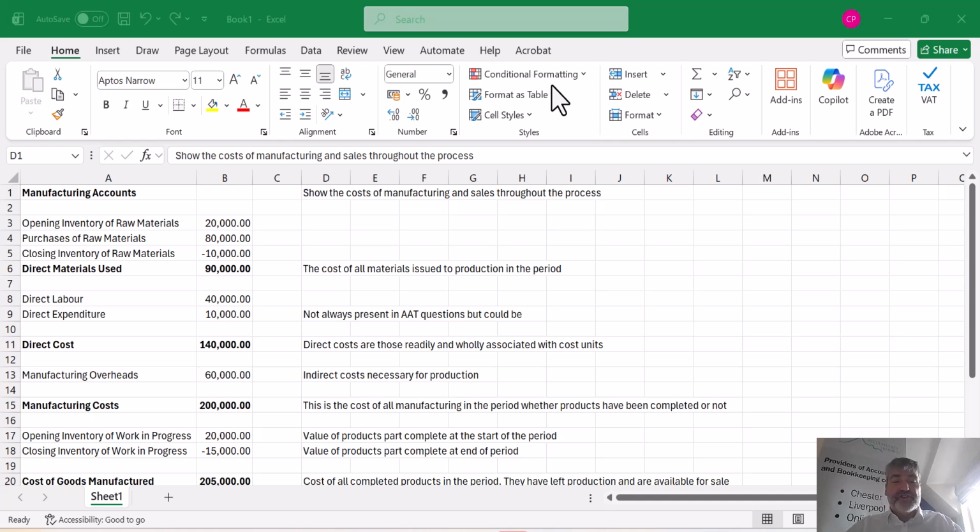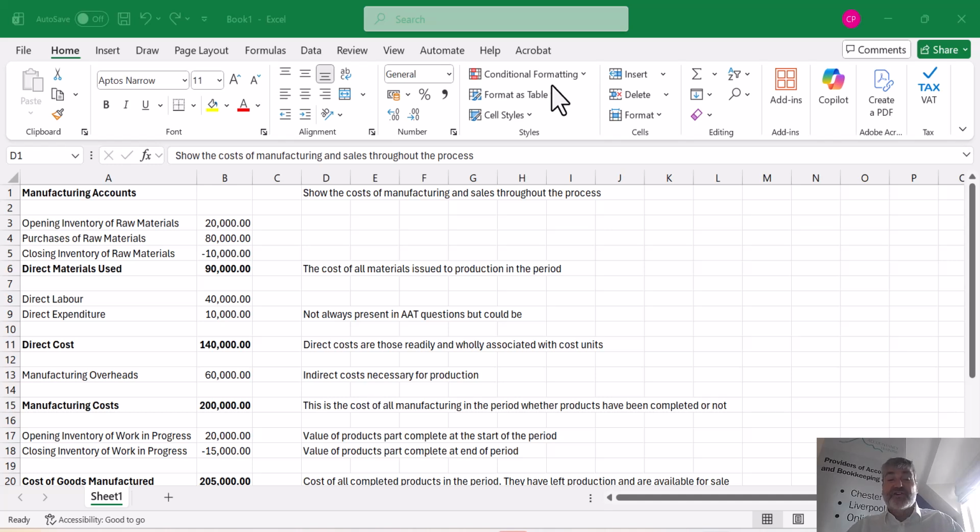And in my spreadsheet, for illustration, I've put in a figure of £20,000. The manufacturing costs on those partly complete products are £20,000 so far, and that work was done in the previous period.